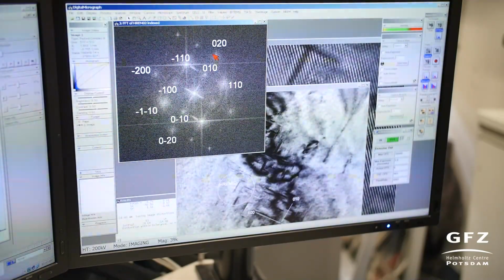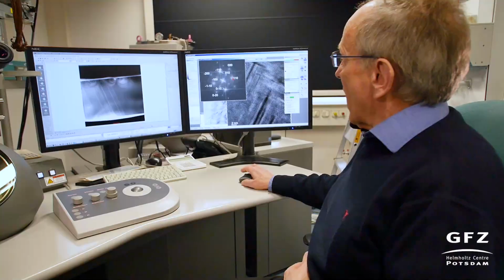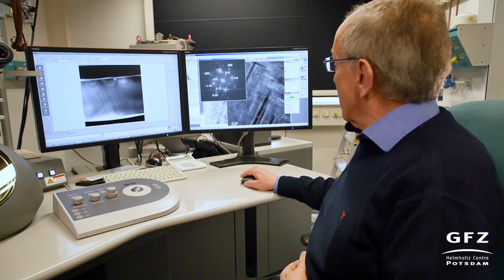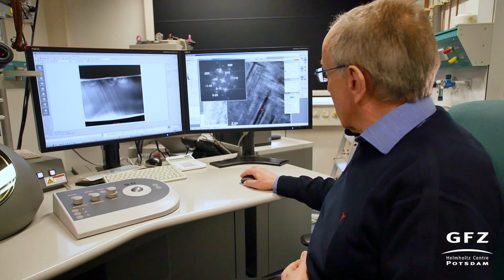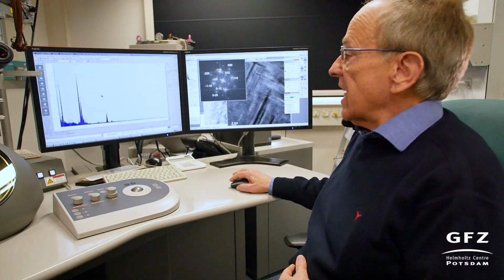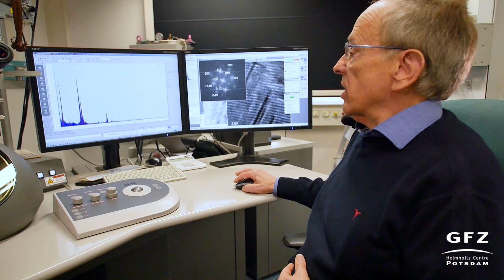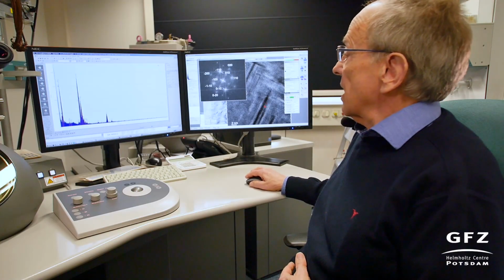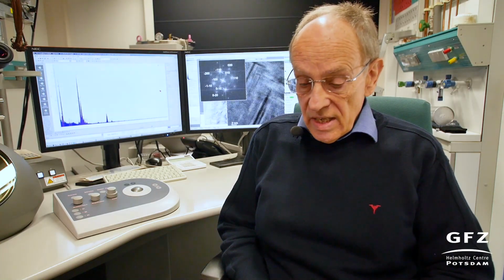This is indexed as a cassiterite with more iron, so it's basically the same crystal structure. We can also get chemical information from such a small area by using the excited X-ray photons, which is shown here, and here we see the iron peak, which comes from this lamella. So this is a nice example of what can be done with TEM and what the general application is in TEM.